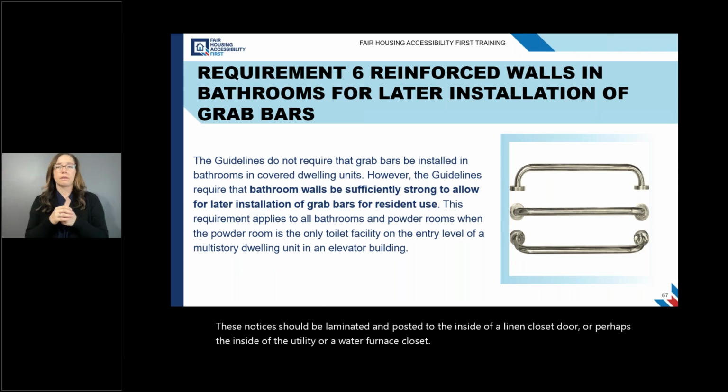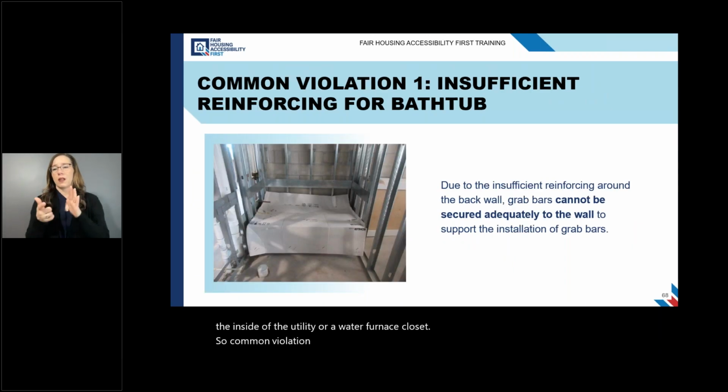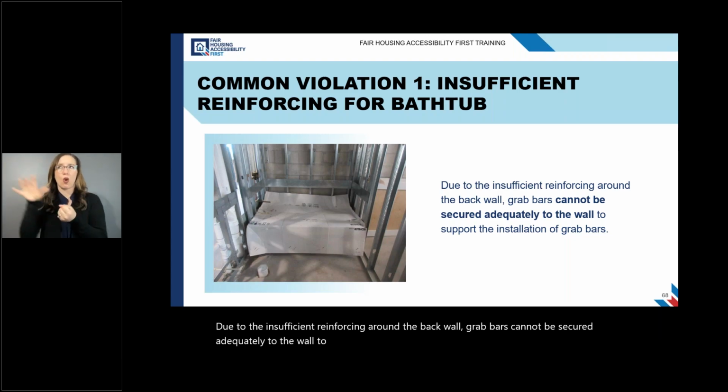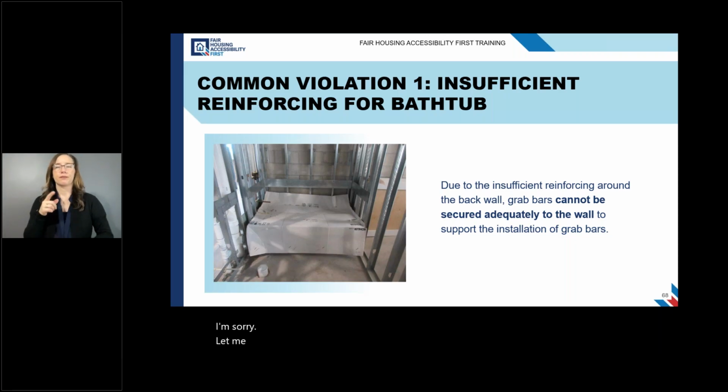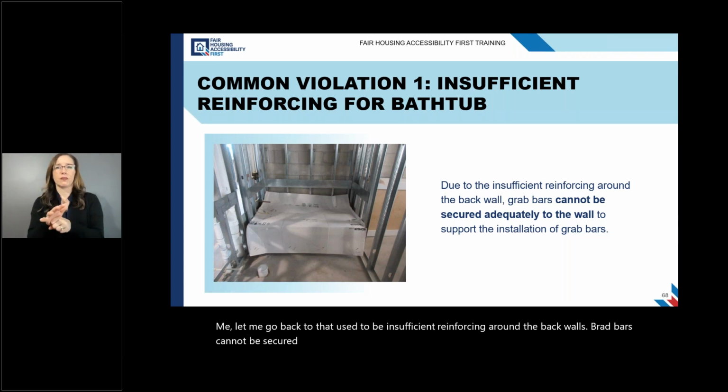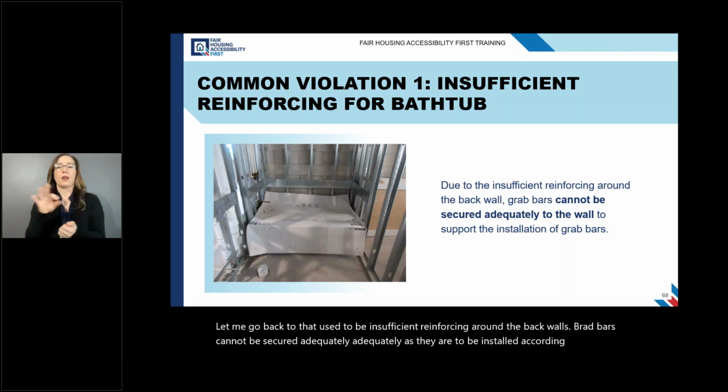Common violation 1, insufficient reinforcing for a bathtub. Due to the insufficient reinforcing around the back walls, grab bars cannot be secured adequately as they are to be installed according to FHA specifications.